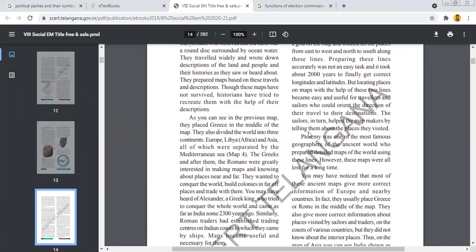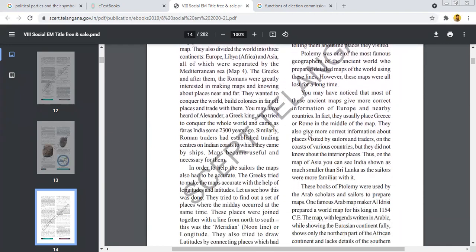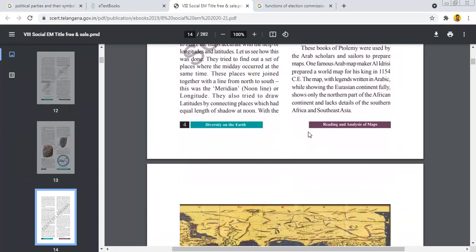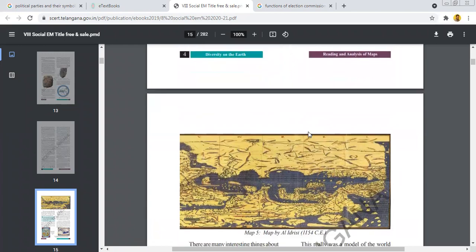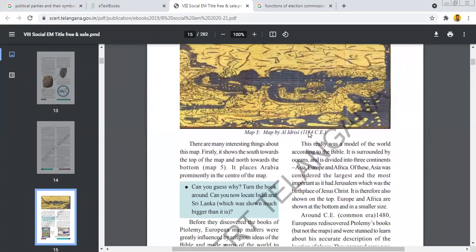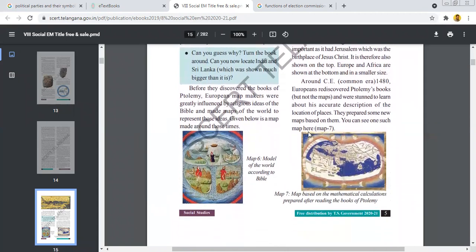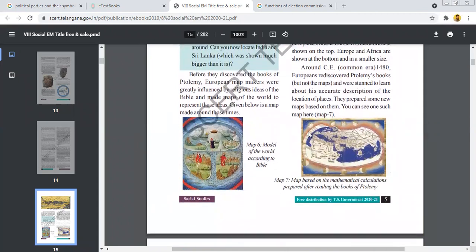According to the Bible, the world was surrounded by water and divided into three continents. You can observe here, they showed three continents on the world map: Asia, Europe, and Africa.